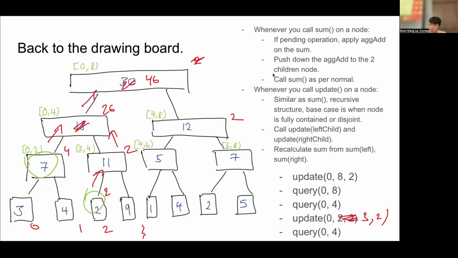So after I apply the aggregate add, I need to find the sum of this, which will force the addition of the aggregate add in. 4 times 2, that's 8. This is 15. Then I push the 4 back down. I call the aggregate sum on this, which becomes 4. Then afterwards, I need to call the sum on this, right?